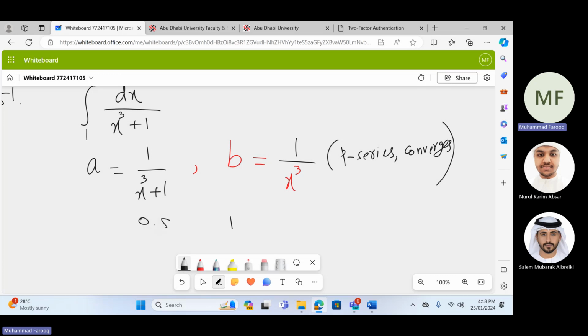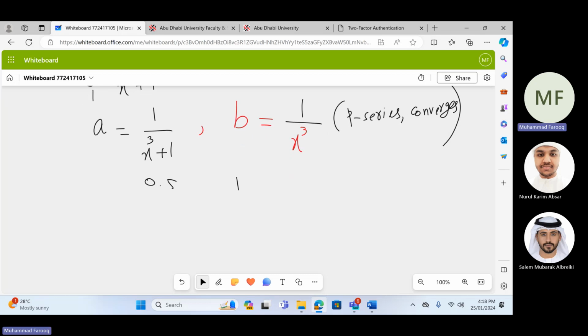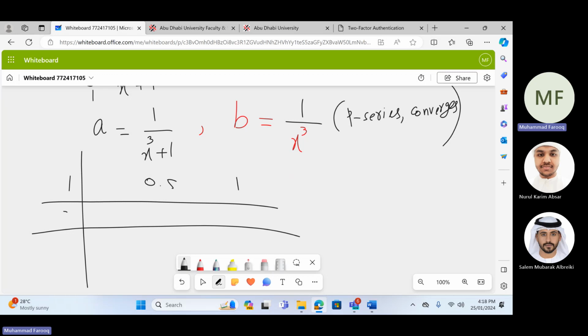Now, after 1, put 2, please. Here and here. So actually 1 over 9, which is 0.11. If I put 2 here, 1 over 8, which is 0.125.